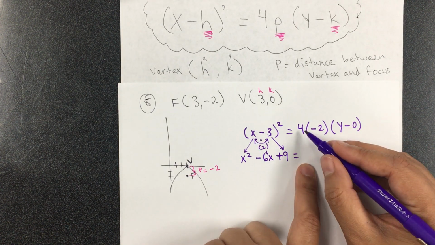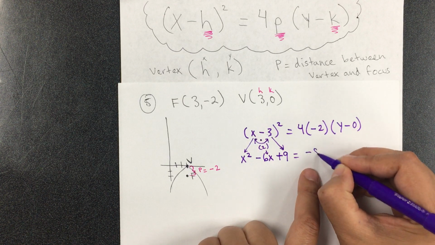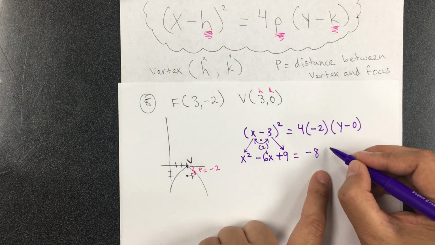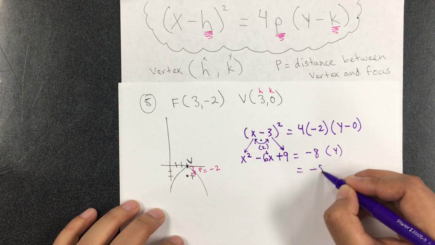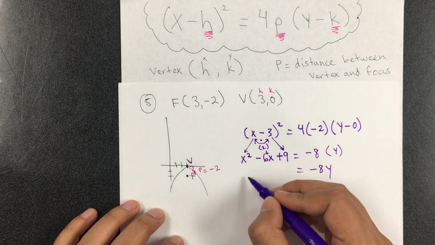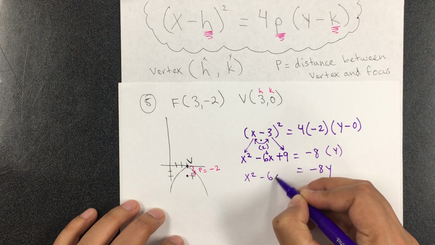On the other side, 4 times -2 is -8, and y times 0 is just y. So this is -8y. We bring this down.